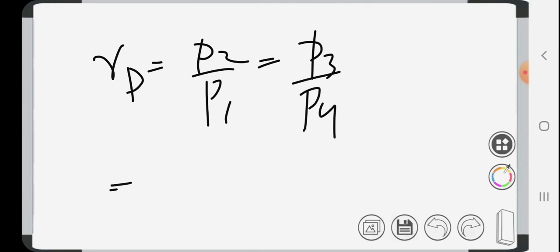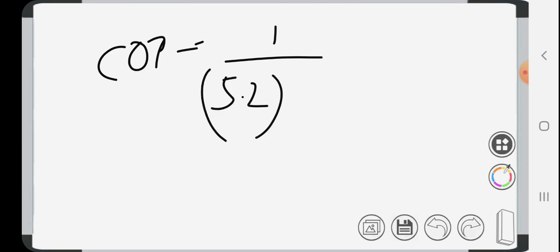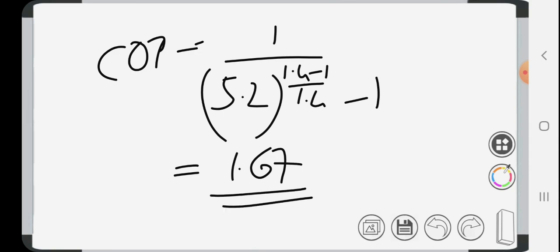P2 is 5.2 and P1 is 1. Substituting into the equation, you will get some 1.67 as the value of COP.